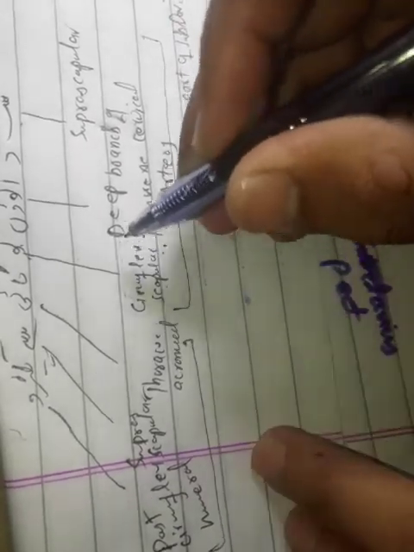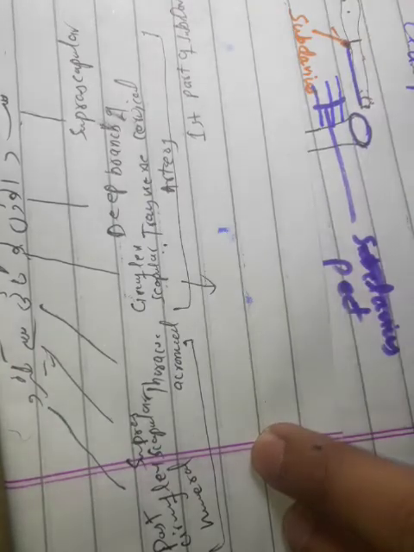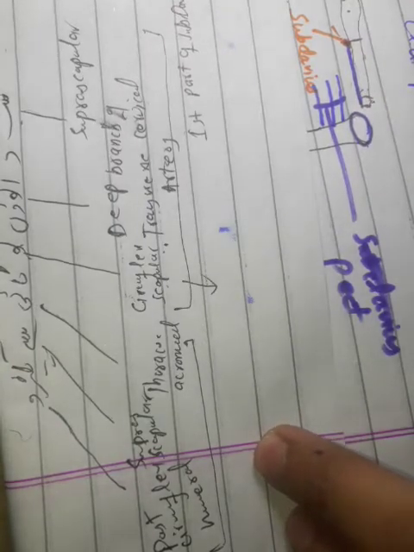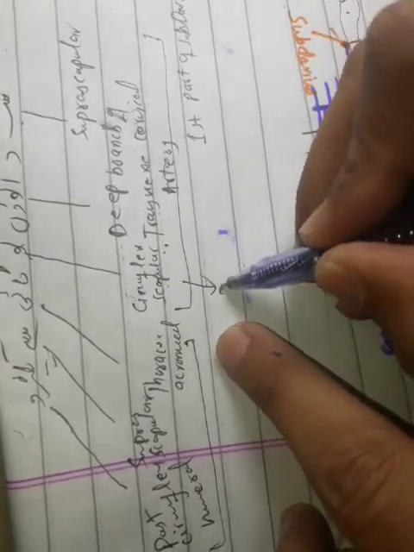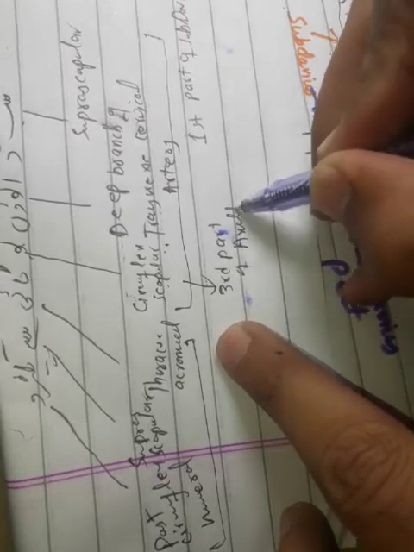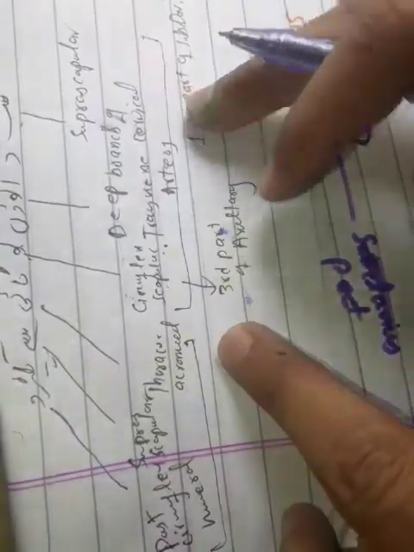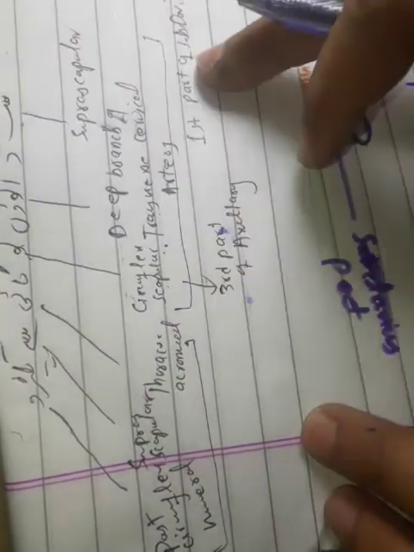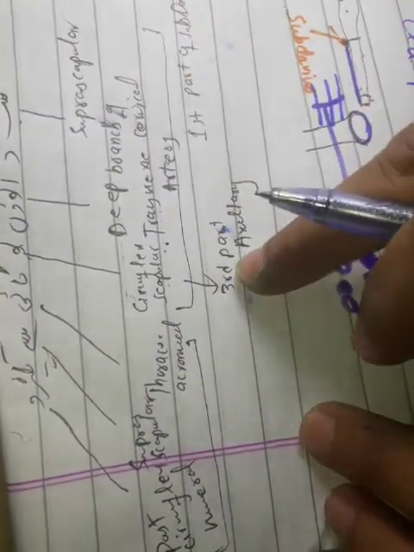And circumflex scapular artery, we know, is a branch of subscapular artery which arises from third part of axillary artery. So anastomosis around scapula is in between first part of subclavian artery and third part of axillary artery.